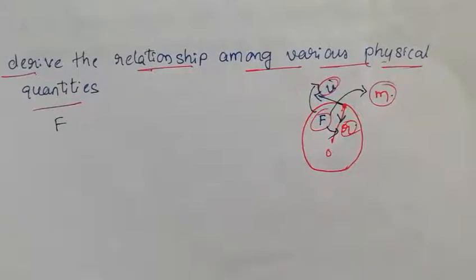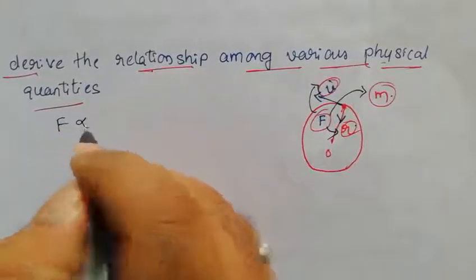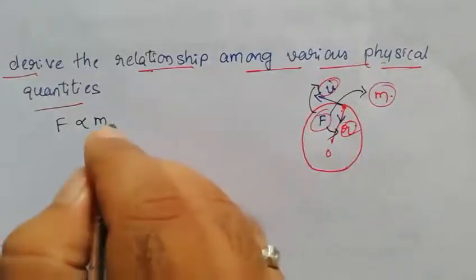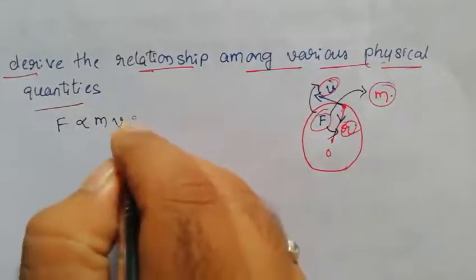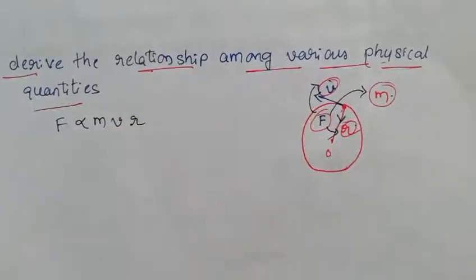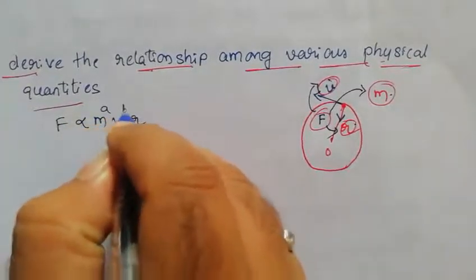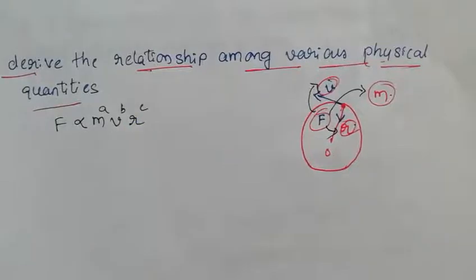In order to find out, I assume F is proportional to mass, velocity and radius R. The powers I don't know, right? So I will take the powers as A, B, C. I need to find the numbers, meaning the powers.